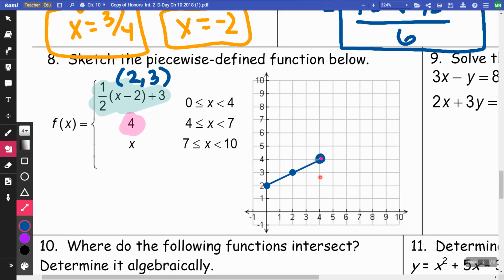So at 4, I do have that value. And then it's going to be coming out. And then we're going to be stopping at 7. But again, this is going to be an open circle at 7. So I'm going to have an open circle here. This is now going to be a solid circle. It wasn't before. And then we have our line.